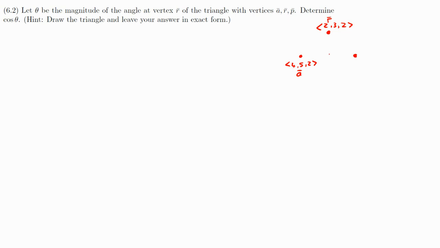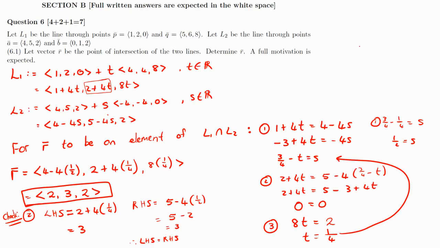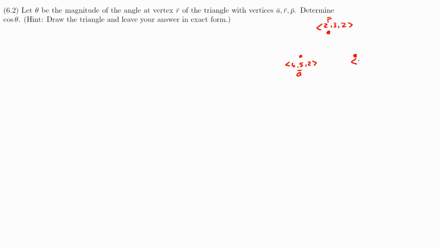This is A, and then P they also gave us, it is 1, 2, 0. This is vector P. So this is basically a ray that goes from R to A and then from R to P. Determine cos of theta. So this is the angle that is formed. Okay, so draw the triangle and leave your answer in exact form.